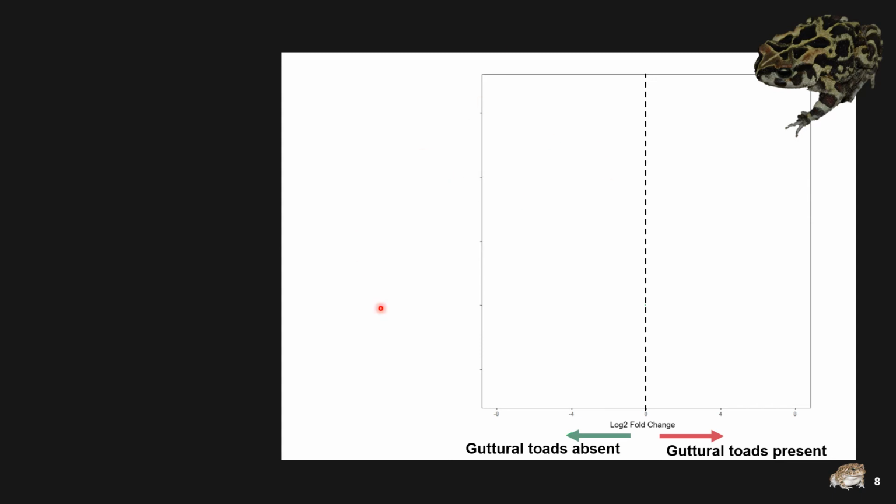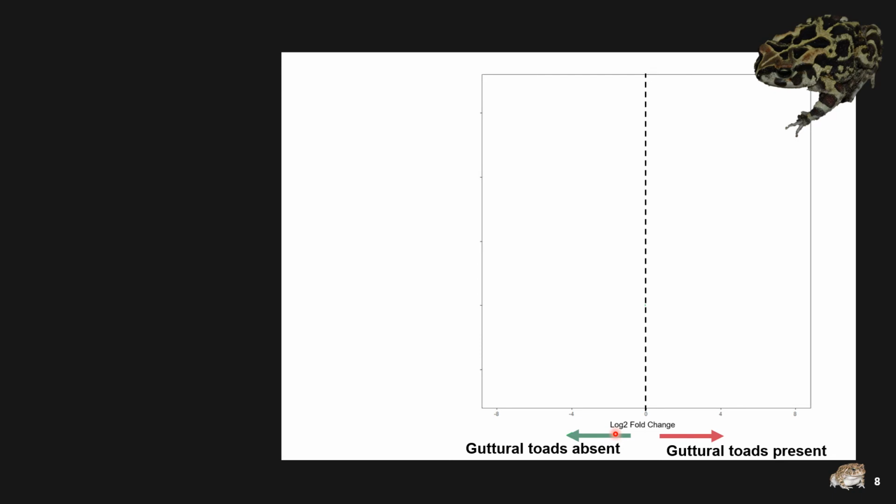To illustrate this, I have a log two-fold change plot. On the x-axis is the log two-fold change, which is just the severity of the change in abundance of bacterial genuses, which will appear on the y-axis over here.